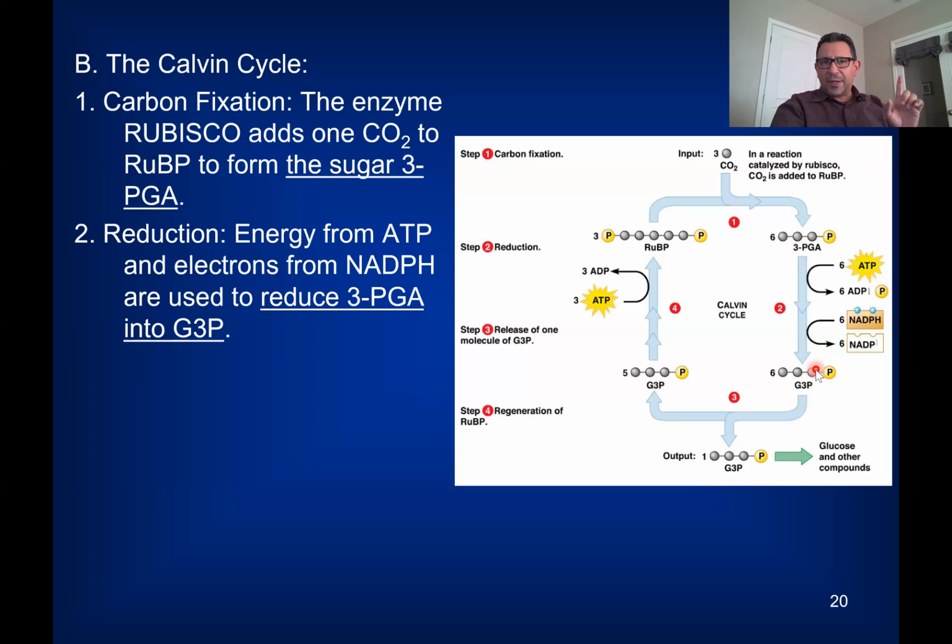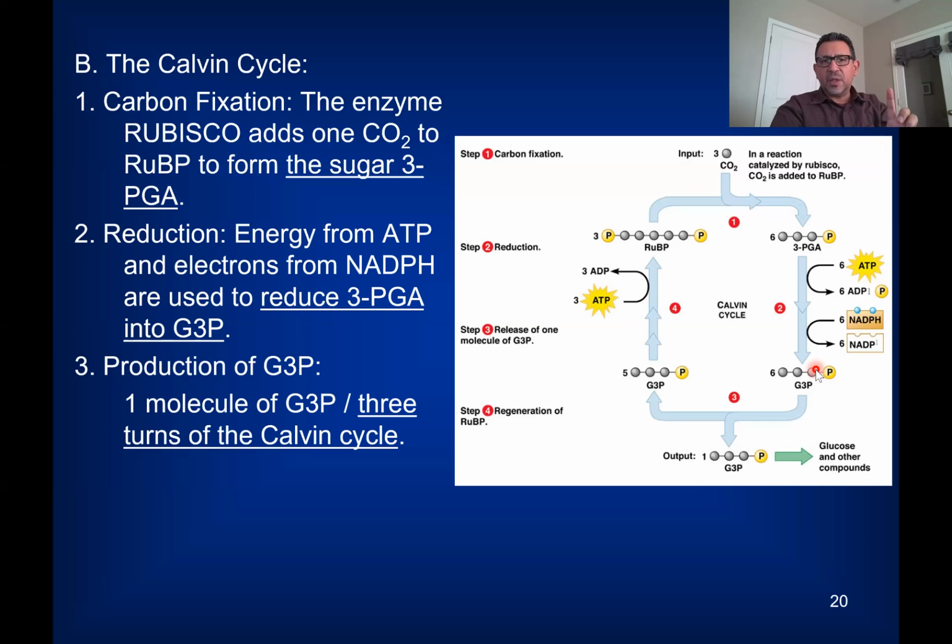Now, remember the detail I told you about Rubisco being able to bring in only one carbon at a time into the Calvin cycle. In order for us to take out this one molecule of G3P, the Calvin cycle must run around 3 times.